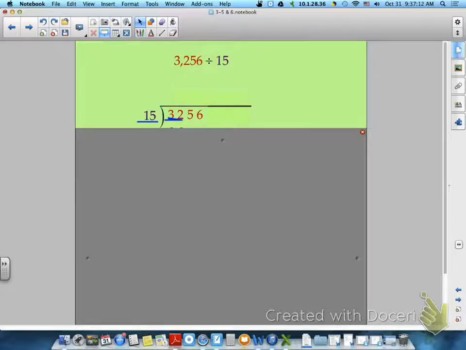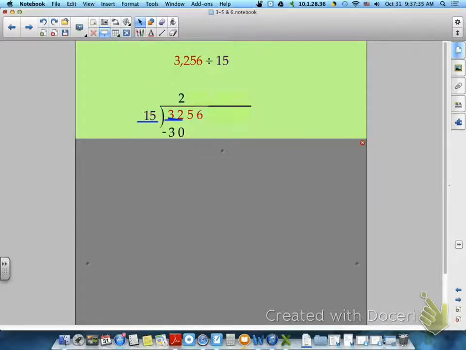All right. So I'm going to say 2 up here. Now, what do I do with that 2? 2 groups of 15, which will give me 30. And how do I do that? 2 times 15 is 30.